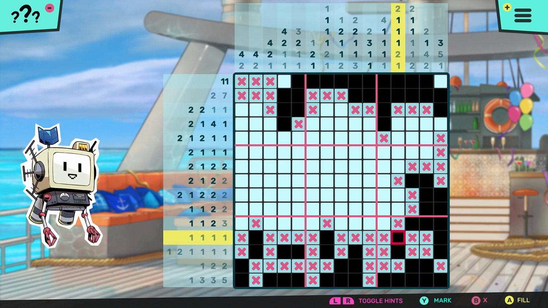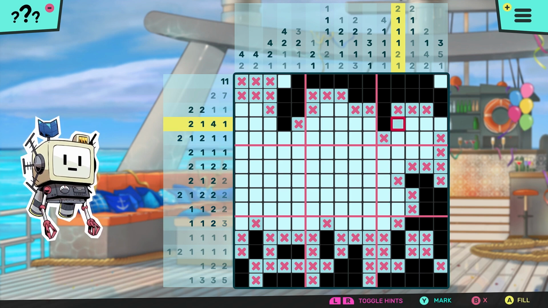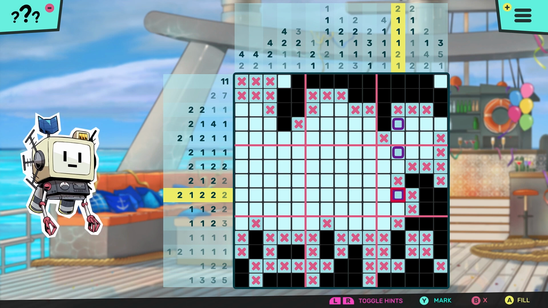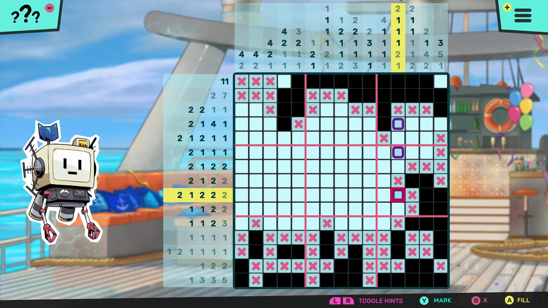So I figured this because for the column 1, 1, and 1, they can only fit in those spots, so the 2 would have to fit somewhere, and that's the only place it could go.